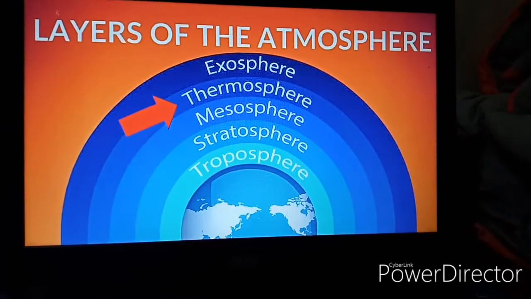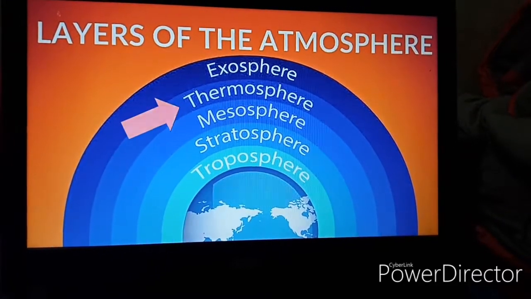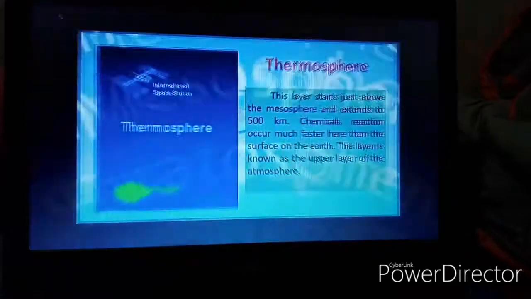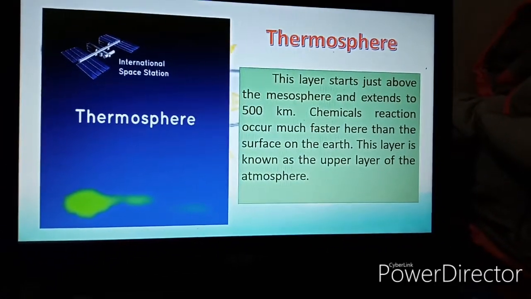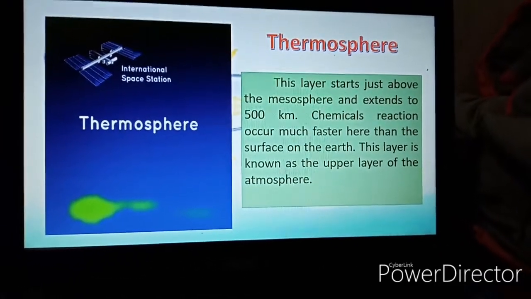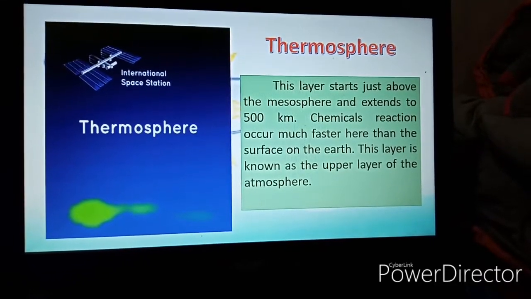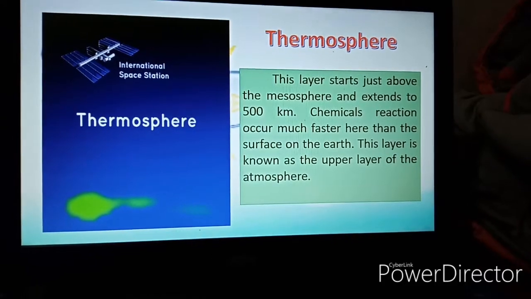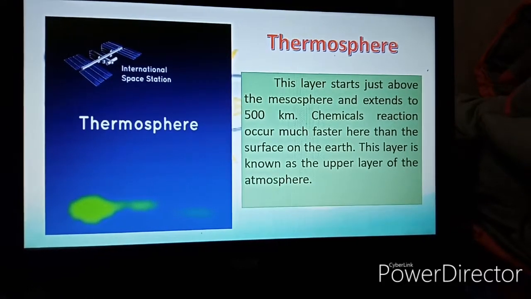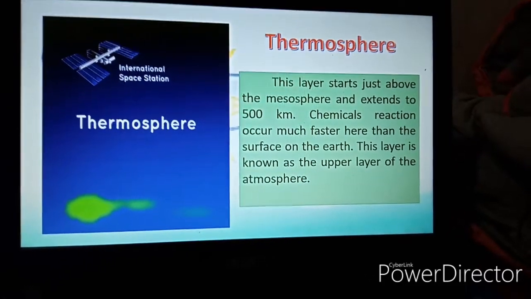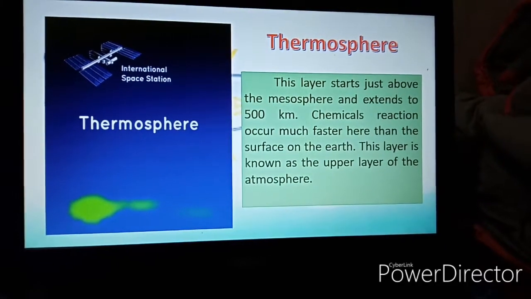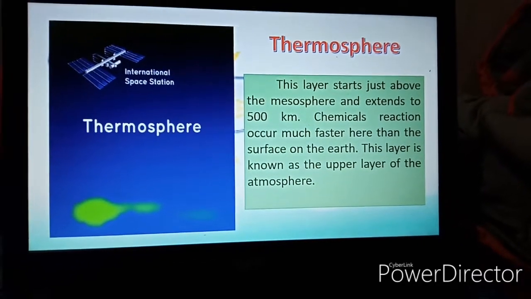Moving on to the next layer, we have the thermosphere. The thermosphere is the layer that starts just above the mesosphere and extends to 500 kilometers. The chemical reactions occur much faster here than on the surface of the earth. This layer is known as the upper layer of the atmosphere.